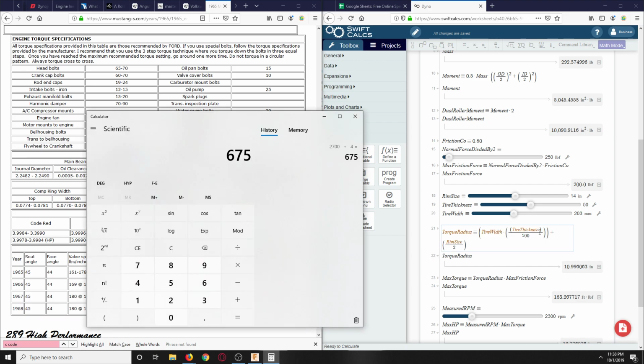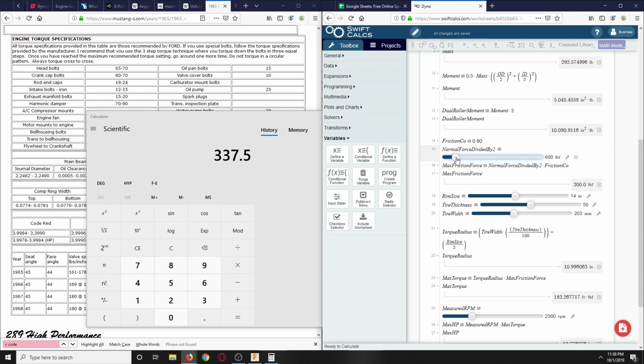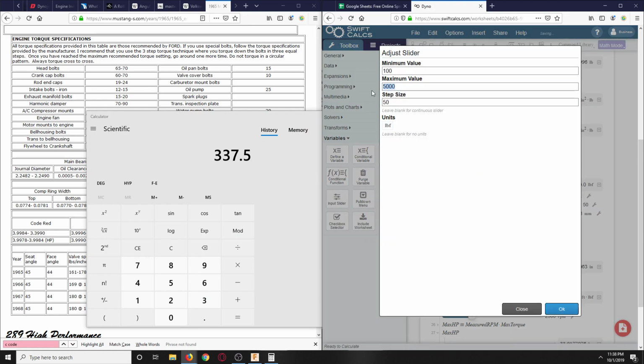So this is even ground, and then divided by 2. It's 337 pounds. So let's make this a lot smaller. Let's say that this is divided by 4 most likely. So let's say it's 1,200 pounds, or let's just say that this is 1,000 pounds.